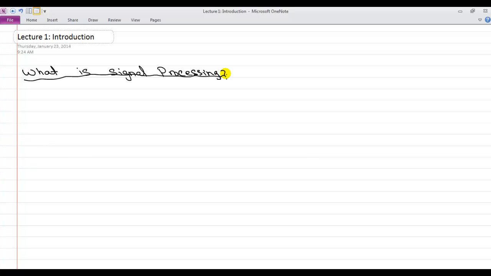So we are trying to answer that question. What is signal processing? And if you want to understand what signal processing is, then the first question we have to ask in turn is, what is a signal?